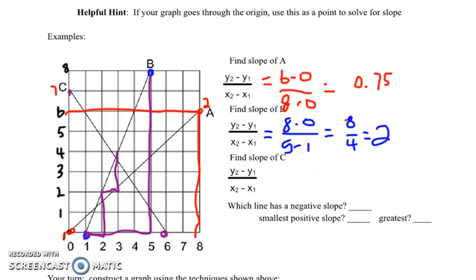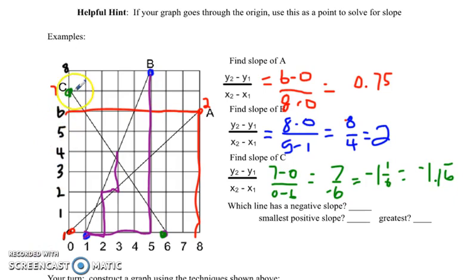So let's go ahead and find the slope of C. Why don't I use green for that? So here I'll use this point and I guess this point. And see what you get here. Do it on your own. All right, so using this as point 1 and this as point 2, my y1 is 7, my y2 is 0, my x2 is 0, my x1 is 6.